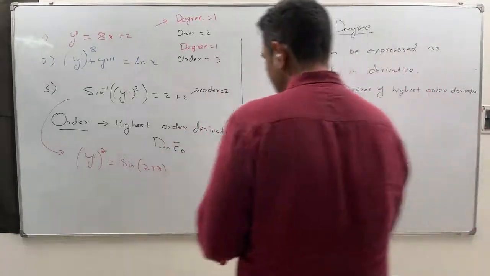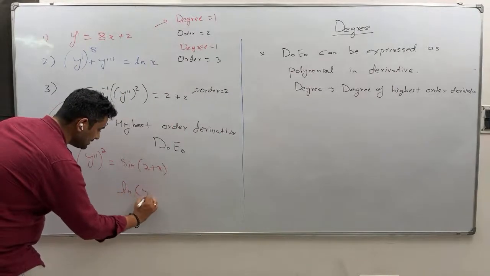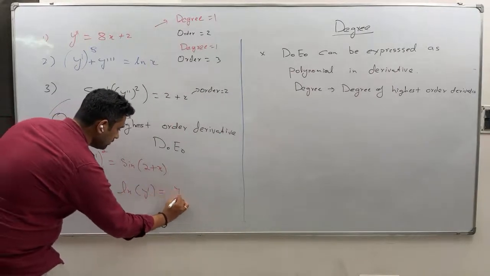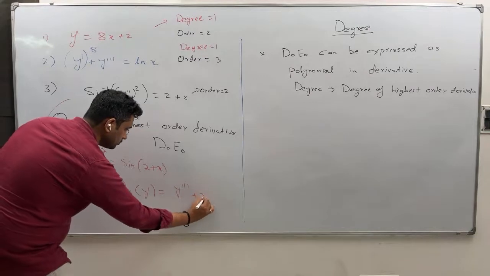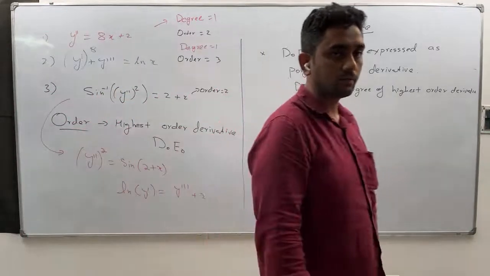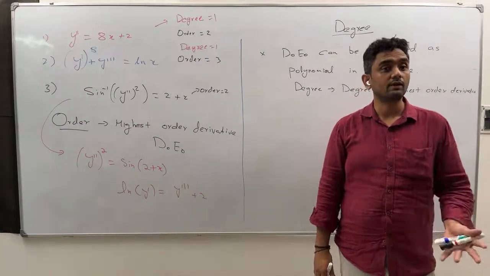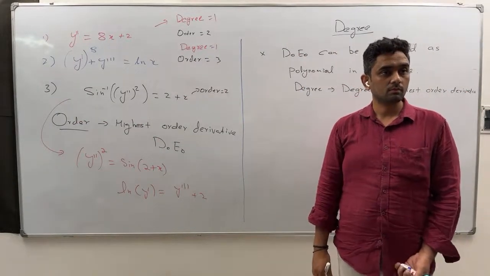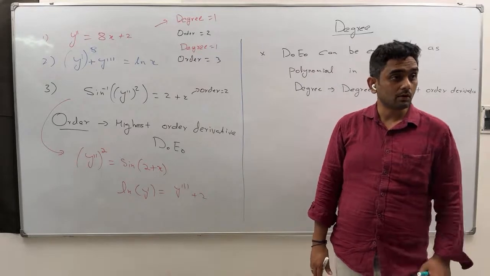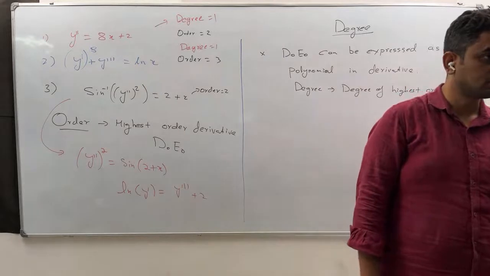Now, if I were to give you ln of y dash equal to y triple dash plus 2, can you tell me the degree? Here, degree is not defined. Ln is not a polynomial. It's a logarithmic function.